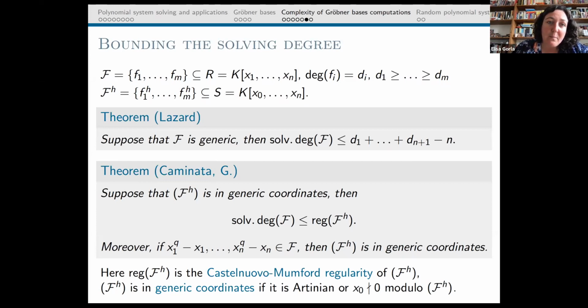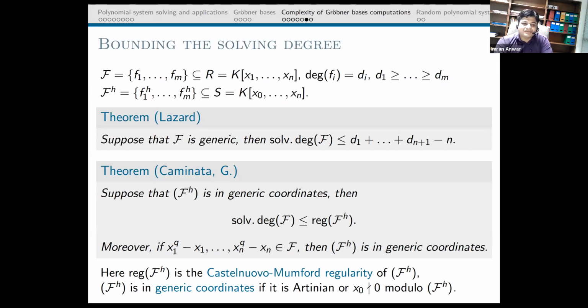So that would be a bound for lex, the number of solutions of the homogenization. But we don't look at this because we expect that degree reverse lex will be smaller, and, coming from the application, we are interested in giving the smallest upper bound possible.